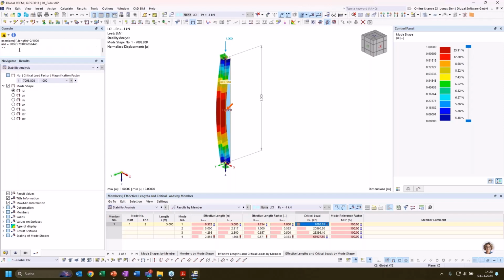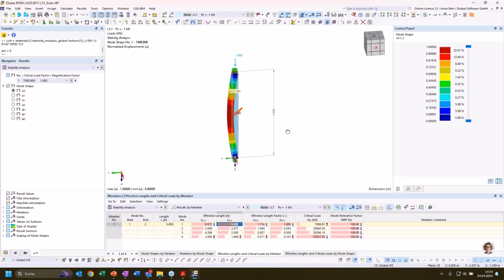If we want the buckling length for buckling around the weak axis, I again evaluate the F crit formula with the moment of inertia for the weak axis, and now I can calculate L crit with this F crit value. What I get from the formula is a length of 5 meters, and that's exactly what we get here as the effective length for buckling around the weak axis.